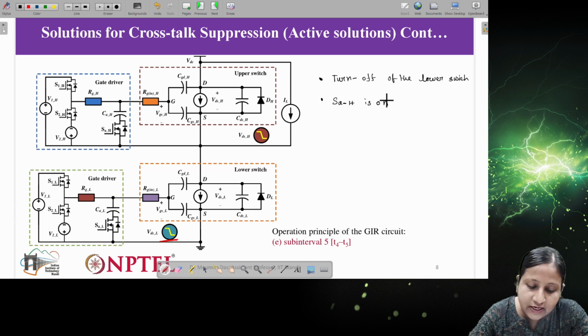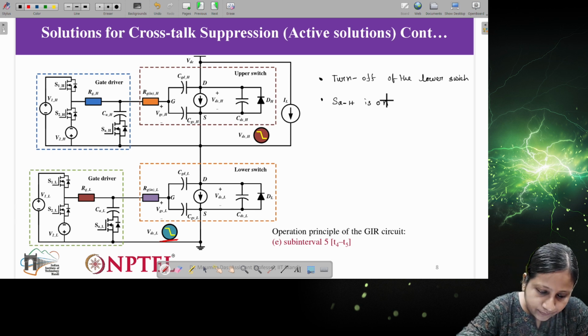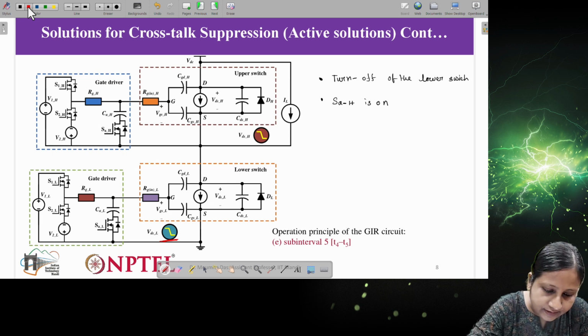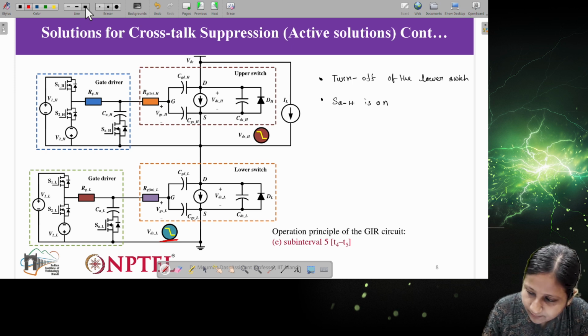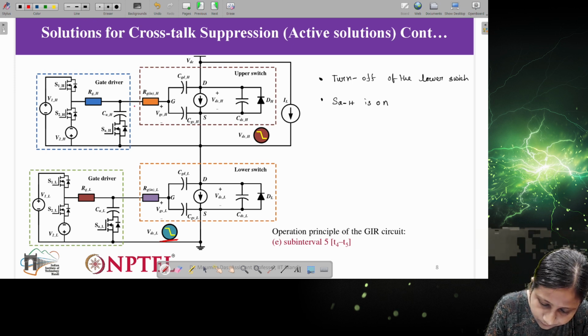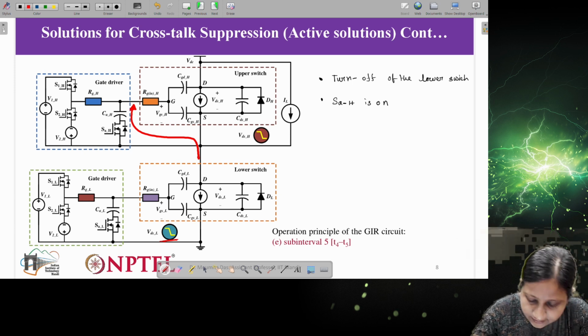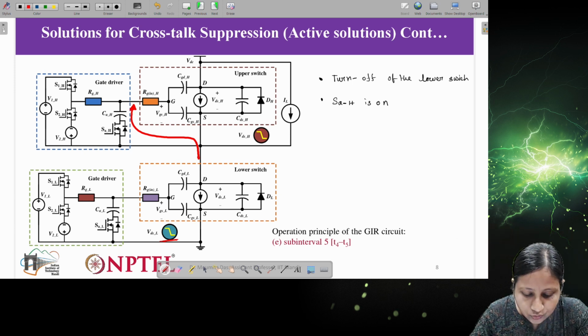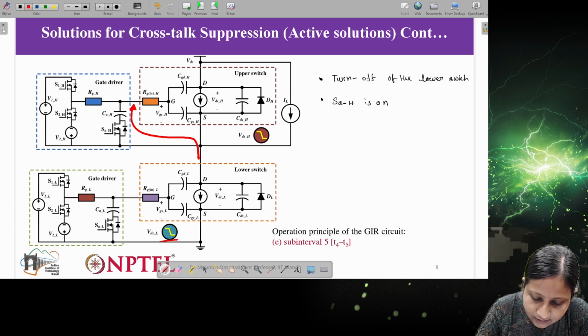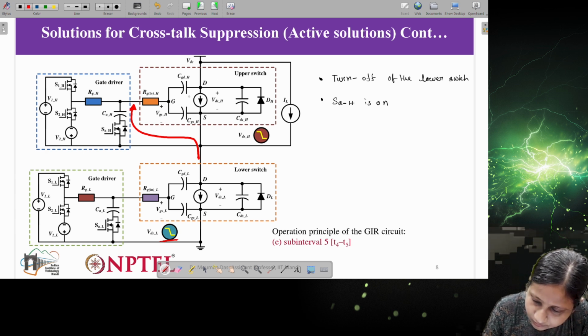So in this case, the turn off path is provided through these capacitances. You can see here there is a current path through this switch and the capacitance, and then it will also go through the capacitances here.